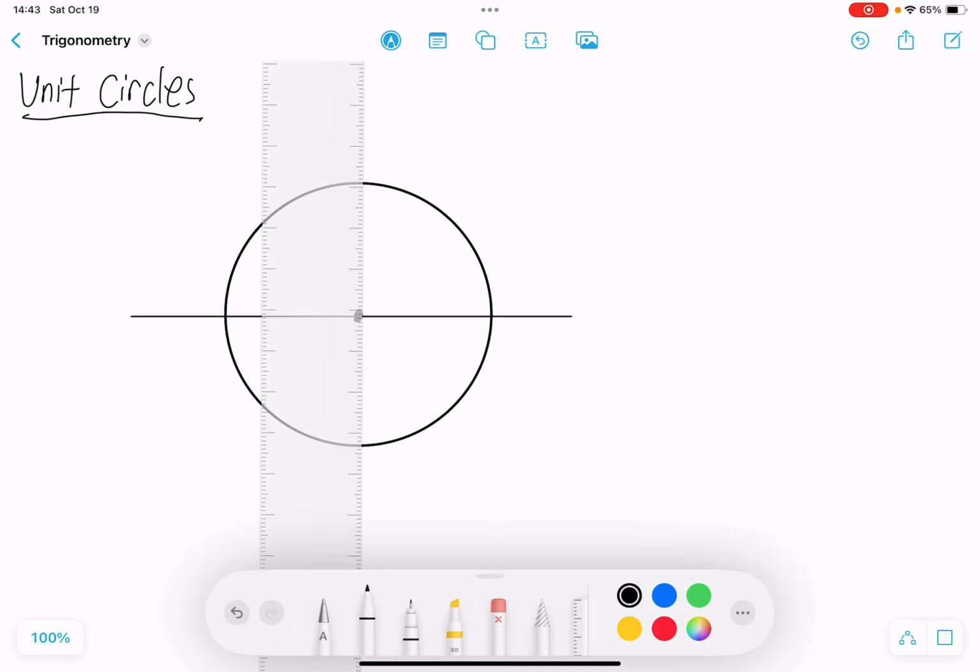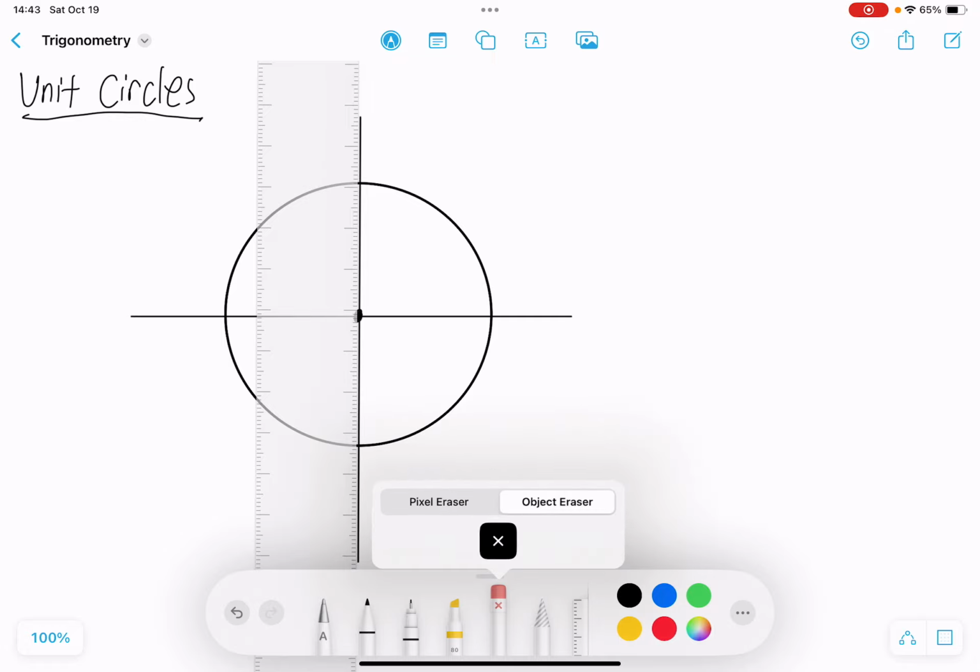And it's used for redefining trig. Like before we used the SOHCAHTOA definitions of trig functions, we memorized that sine is opposite over hypotenuse, cosine is adjacent over hypotenuse, tangent is opposite over adjacent, etc. Right? And that's just how we did stuff back then.